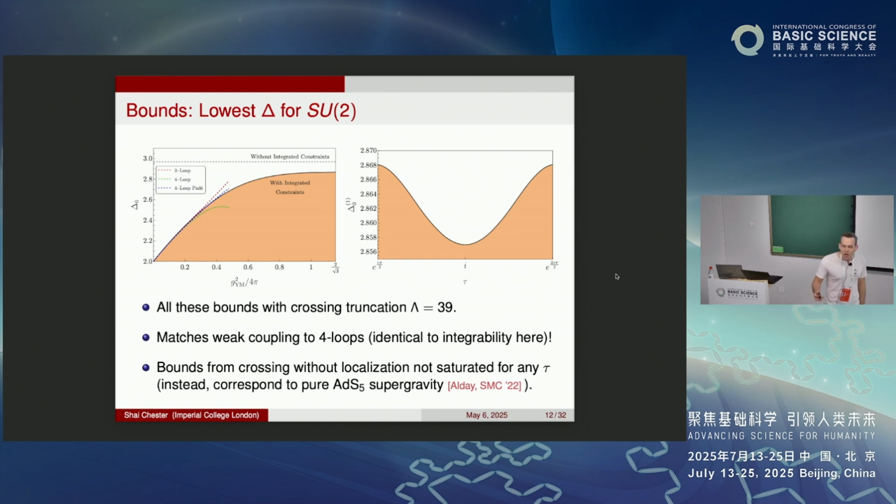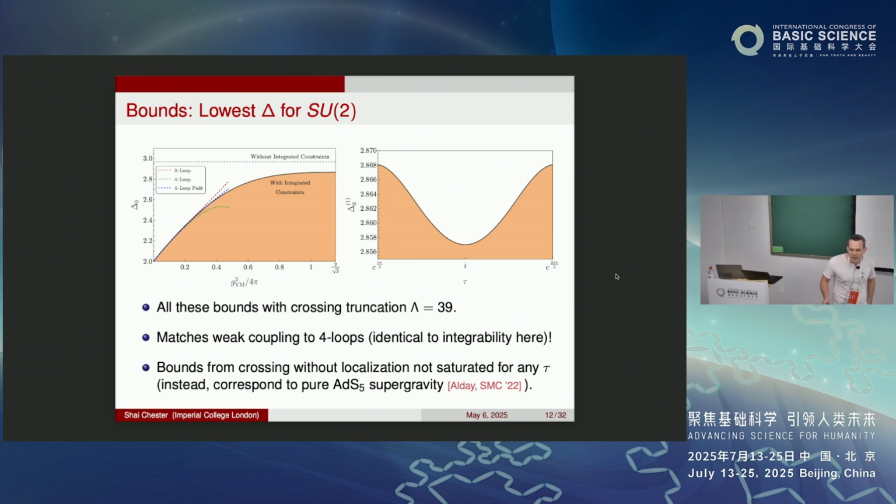So you could ask, what then did their bound correspond to? Did it correspond to any physical theory, or is it just not so strong? I won't go into detail, but I had a paper with Fernando Alday a couple of years ago where we showed that this bound that doesn't have localization, which only assumes basically supersymmetry and crossing symmetry, corresponds to pure AdS5 supergravity, which is a conjectural theory that doesn't have any KK modes, and which might have some intriguing connection to recent work on the dual of pure AdS3 gravity.